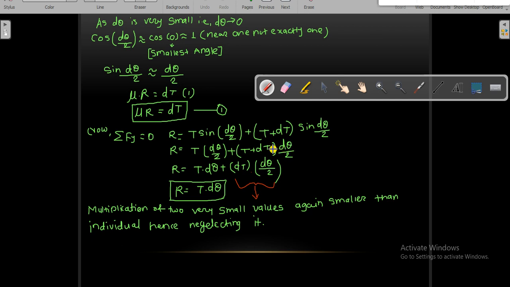And you know that if a very small value, let us say 0.001, is multiplied again by a very small value, the product will be even smaller, so we can neglect this part, right? From here we are getting the value R equal to T into d theta. Putting this value of R equal to T into d theta in equation 1, we get mu into T into d theta equal to dT. We will see in the next slide.